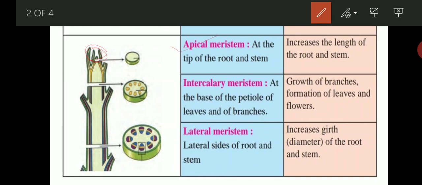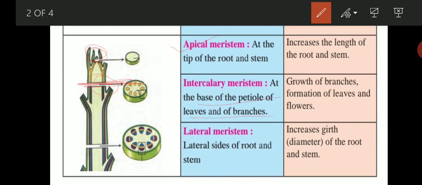The next one is intercalary meristem, and this type of tissue is present at the base of the petiole of leaves and of branches. Means from the intercalary tissues there is a formation of branches and formation of leaves. So growth of branches and formation of leaves and flowers is the function of intercalary meristem.